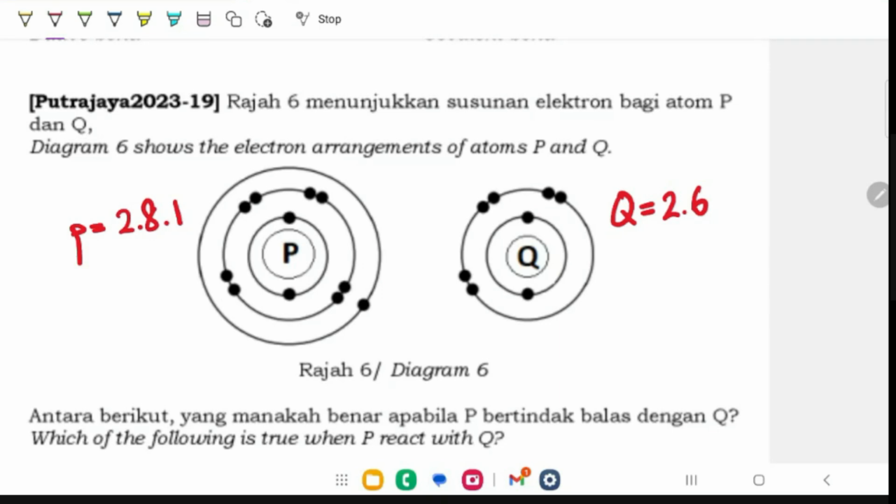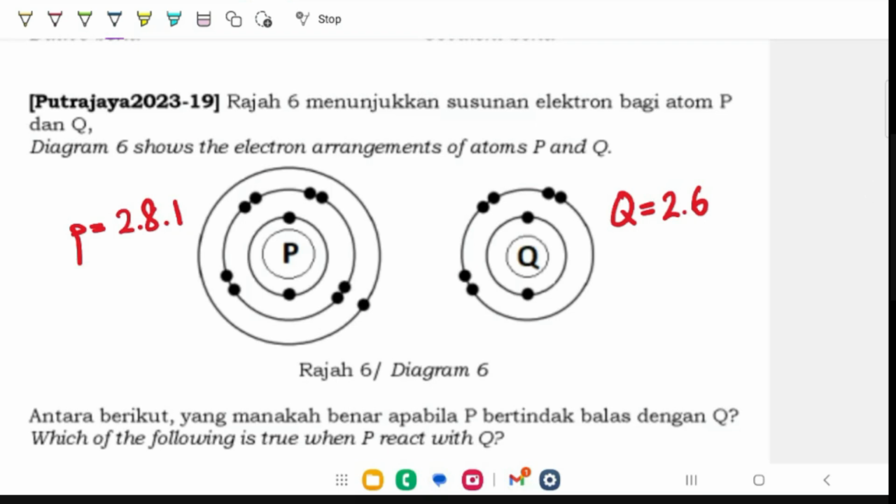So when they react, what type of compound will they form? Any idea? Ionic compound.